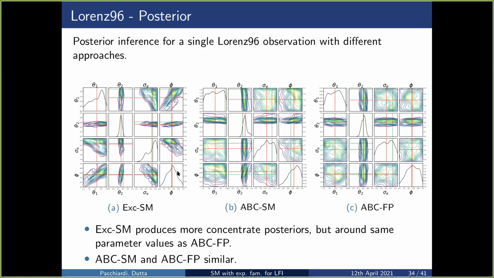And we can see that Exchange-SM slightly concentrates better, but performance-wise, they're more or less comparable. I would say I don't notice much difference in these cases, except Exchange-SM gives an amortized version, which is very cheap in future computations or learning posteriors later. So that's our final conclusion from this.